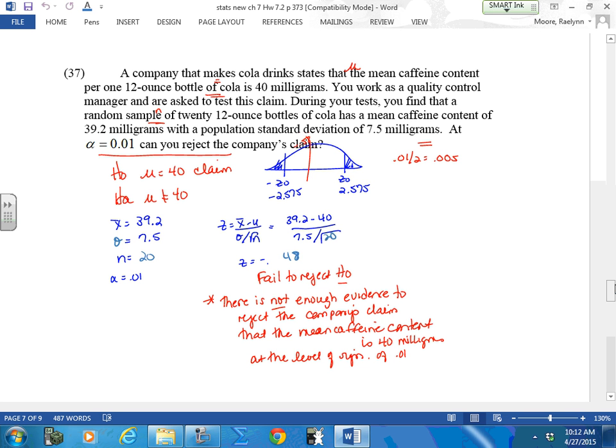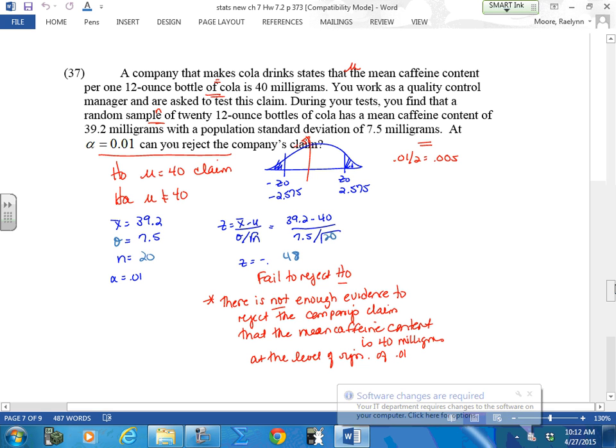You work as a quality control manager and you're asked to test this. During your test, you find that a random sample of 20 bottles, 12 ounce has nothing to do with this, has a mean caffeine content of 39.2. There's your sample with a population standard deviation of 7.5. And your level of significance is 0.01. Can you reject the company's claim?